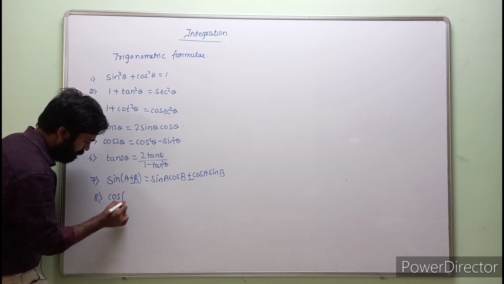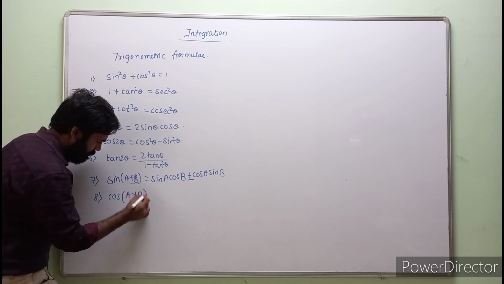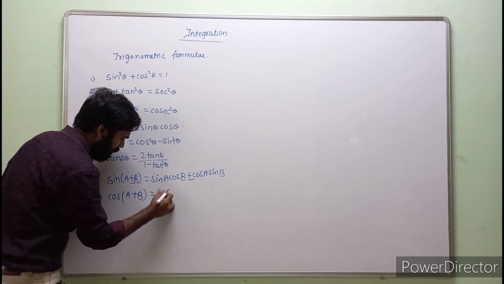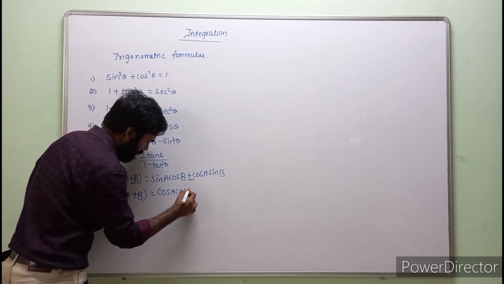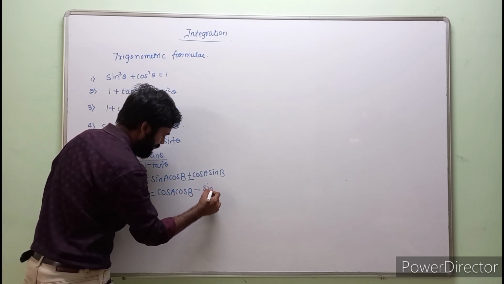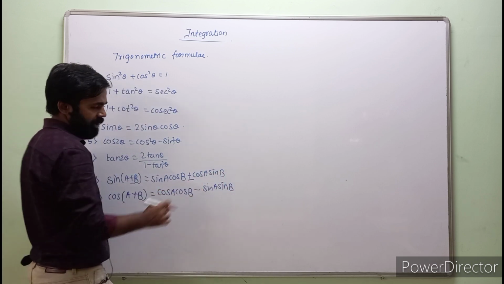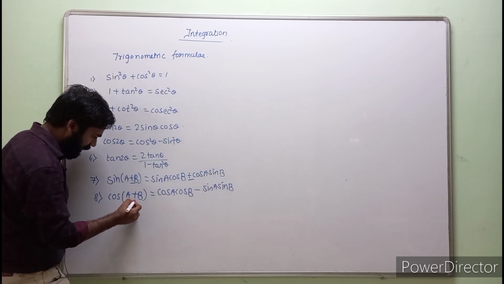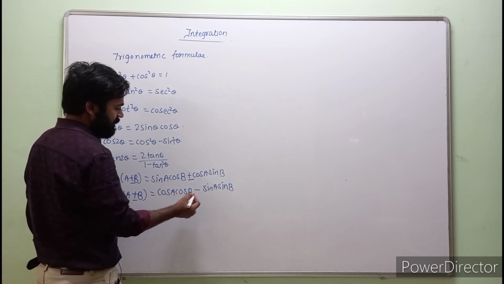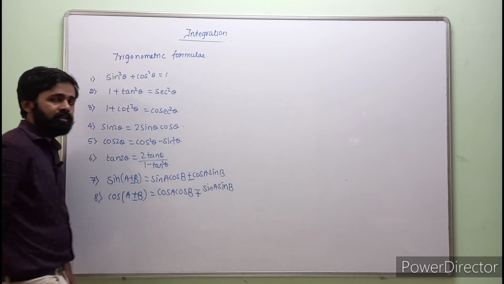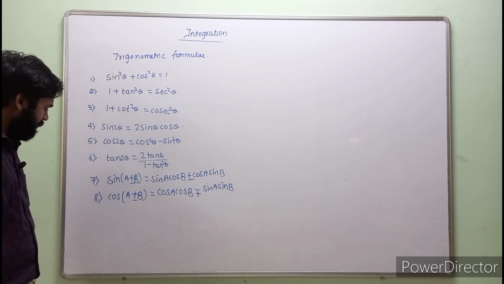Now let's take the same formula for cos. Cos of a plus b is cos a cos b minus sin a sin b. So for cos, if you have plus here, here you get minus. Now cos of a minus b is nothing but cos a cos b plus sin a sin b.